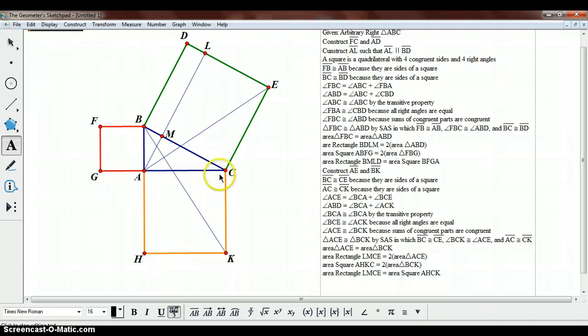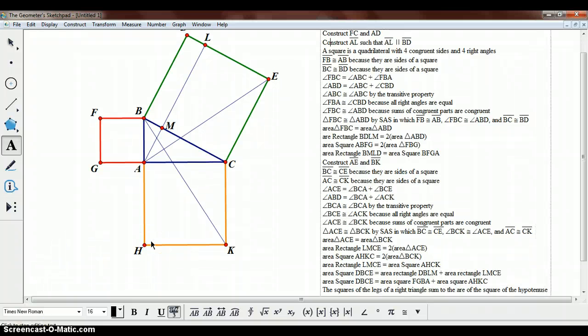Therefore, we have shown that the squares of the legs is equal to the square of the hypotenuse. Once again, the sum of the squares of the legs of a right triangle is equal to the square of the hypotenuse. Therefore, we have come to our desired conclusion, and we have completed this proof.